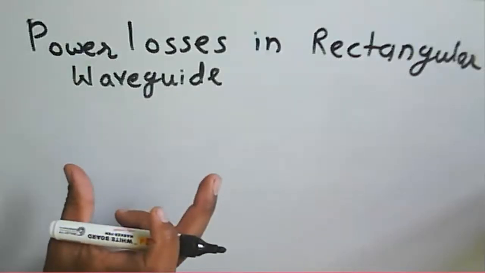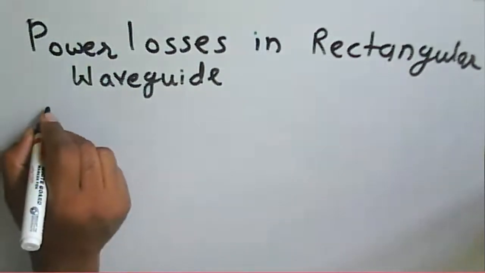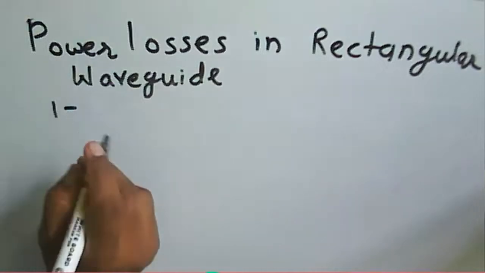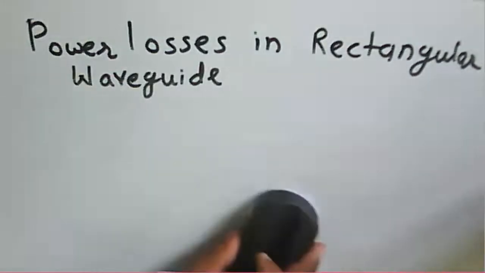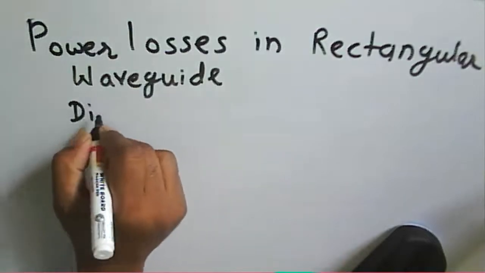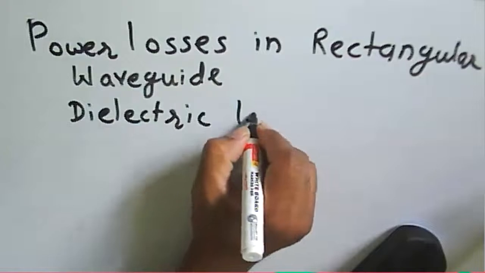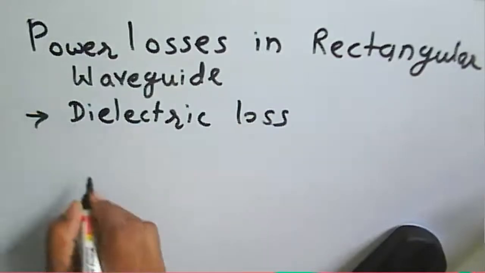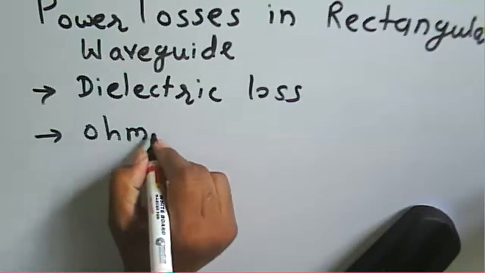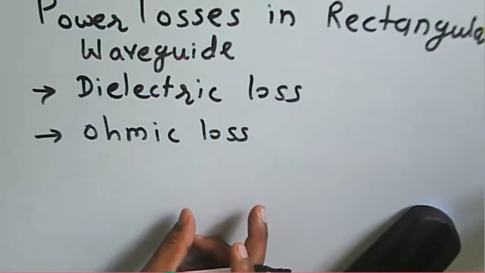Now generally, for a rectangular waveguide, there are two types of losses. One is the dielectric loss, and another is the ohmic loss.